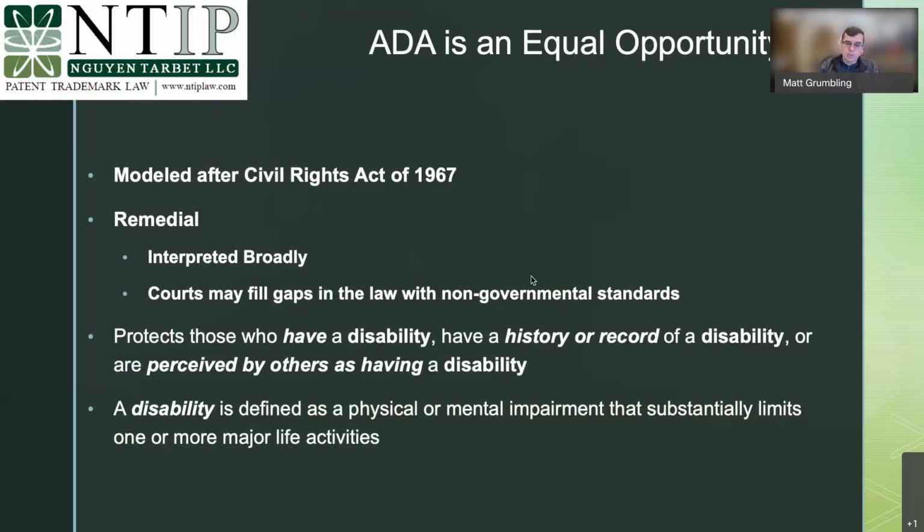So a disability is defined pretty broadly, but it's a physical or mental impairment that substantially limits one or more major life activities. So again, it's pretty broad, not terribly narrow, but it is narrower, I think you'll see, and as we've seen in previous discussions, than some of the non-governmental agencies' definitions of an impairment.